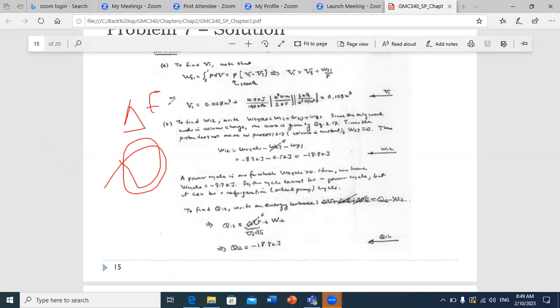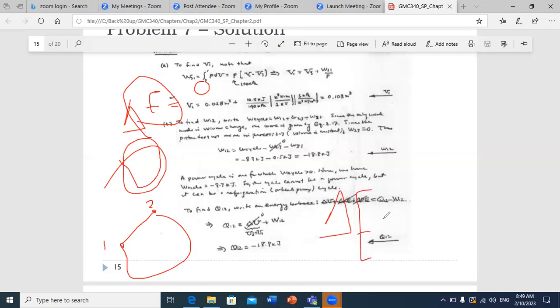But when you take each process alone, delta E is not 0. So if you go from point 1 to point 2, you have a variation in energy. But when you go back to 1, between point 1 and 1, there is no variation in energy, so delta E is 0 because you are going back to the same state.